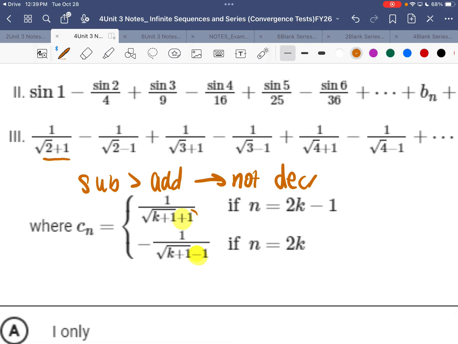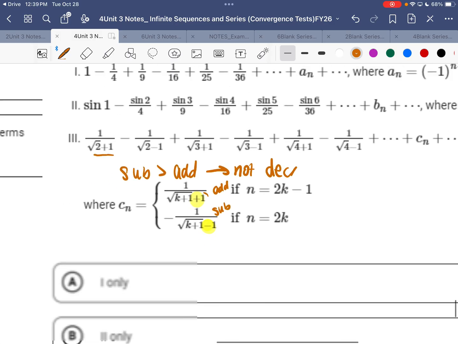I don't know if my explanation was good or not, but it was not decreasing. This is the adding term, and this is the subtracting term. And then we're alternating signs, but it's not actually a decreasing function. So only A. Yippee.